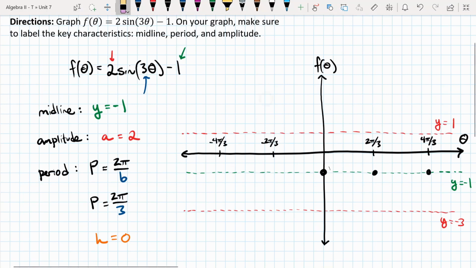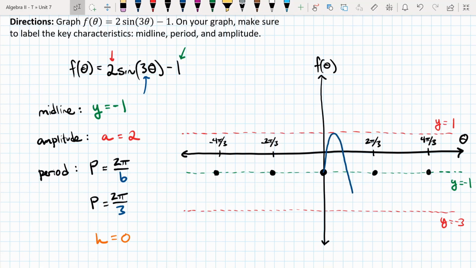Okay, there's no horizontal shift, which is going to be nice for this question. It's going to make it a little bit easier. And so we're going to start right here. This is the trickier part because now we actually have to draw it. We're going to start at 0, and then we're going to have this function go up and repeat one cycle.